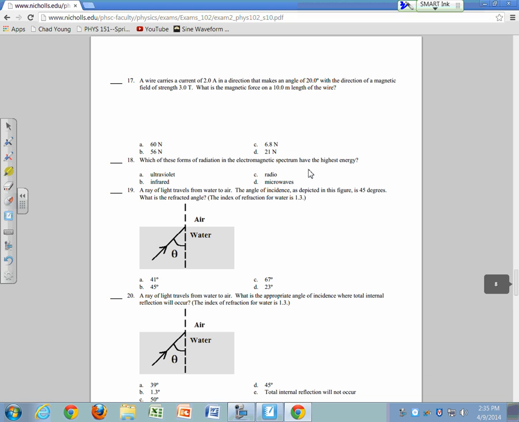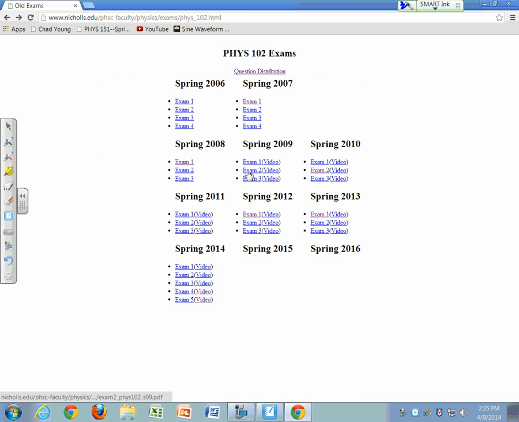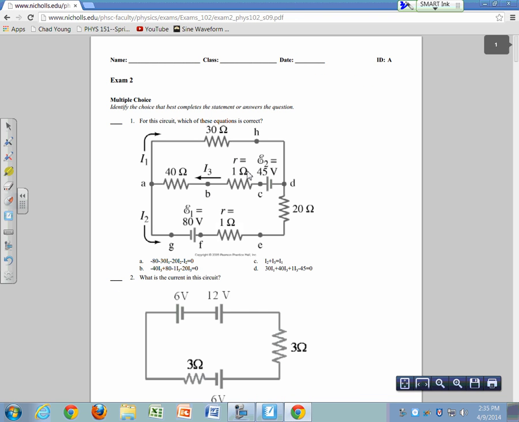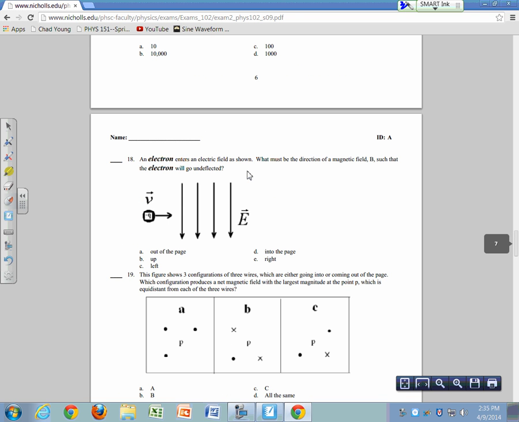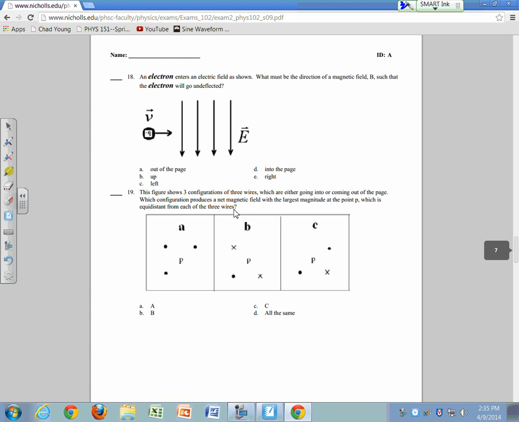So yeah, I forgot that. Which has the highest energy? I think it's wrong. Oh, this is 2010, I'm sorry. Exam 2? Y'all have some multiple choice too. Yeah, I think the multiple choice is harder, honestly. No, I just forgot.